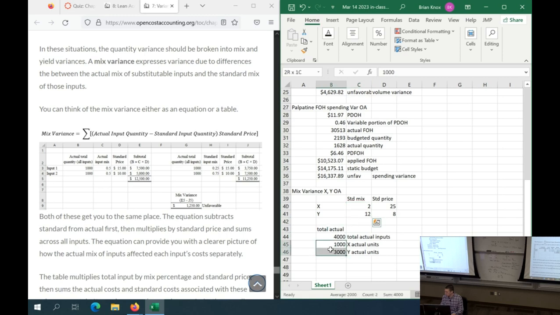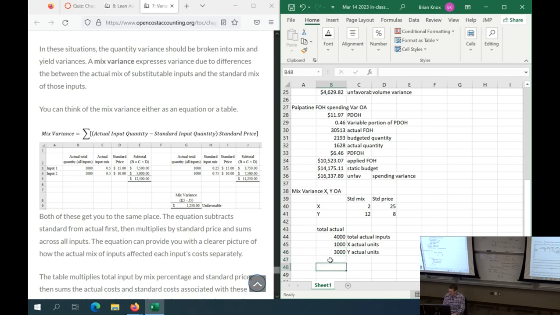Instead, we did 1 to 3. We way overused X units, so it's going to be unfavorable for sure. We overused the more expensive of the two. We used the nice china, if you will.